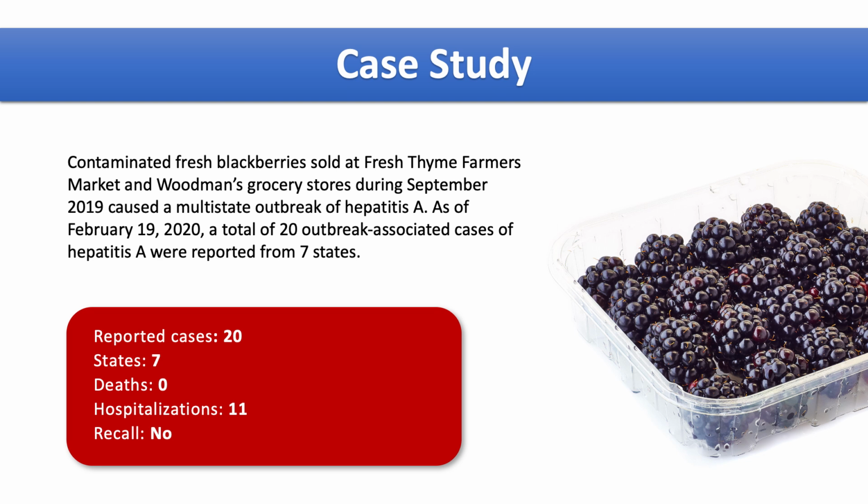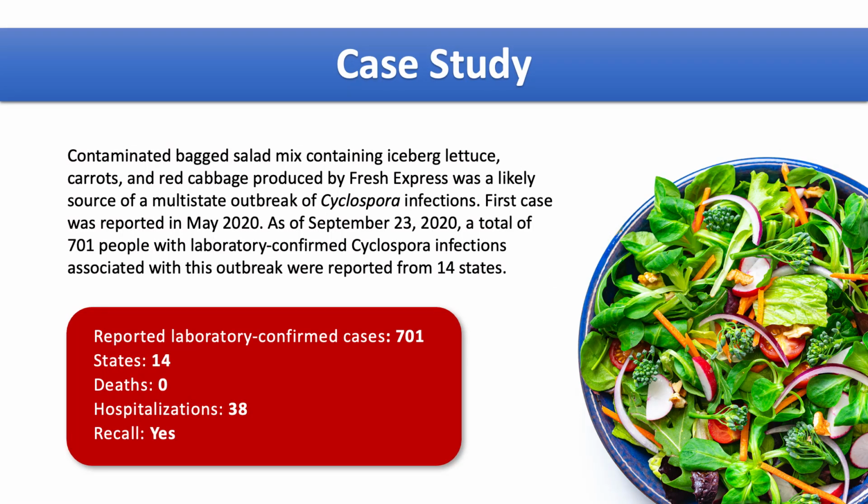A total of 20 cases were reported from 7 states and 11 people were hospitalized. The last example here is an outbreak of parasite Cyclospora infections linked to bag salad mix produced by Fresh Express. There were 701 confirmed cases from 14 states, and 38 people were hospitalized.